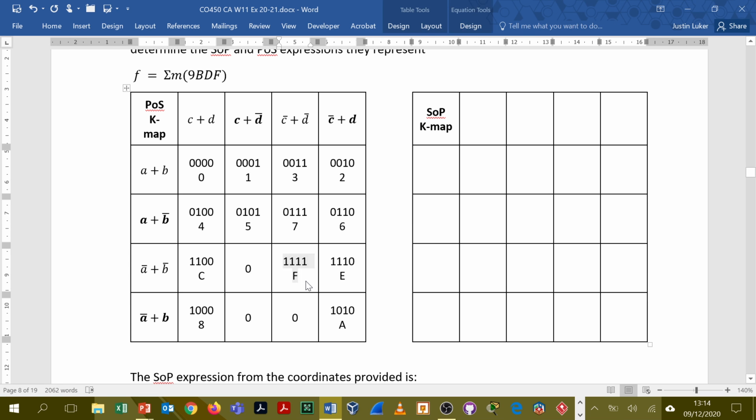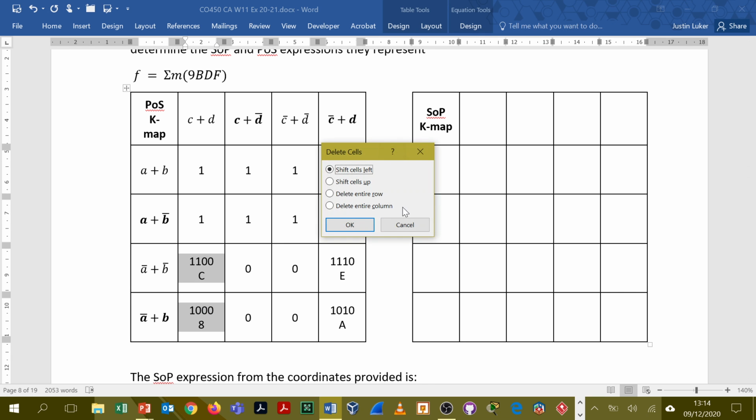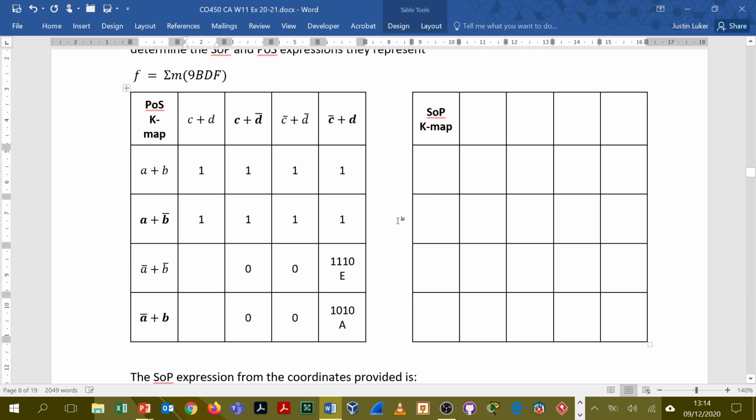And F. That's it. So the rest of them must be all the ones. Okay, so you see how the coordinates are working. From a set of coordinates, I can work that out and position my zeros, in this case for a POS, where they need to be.